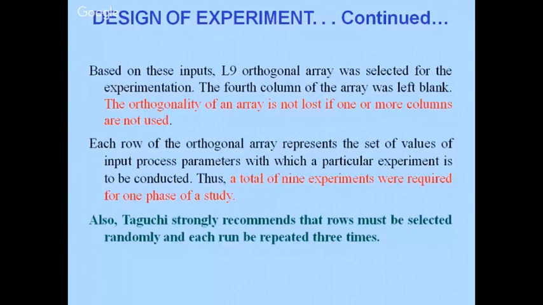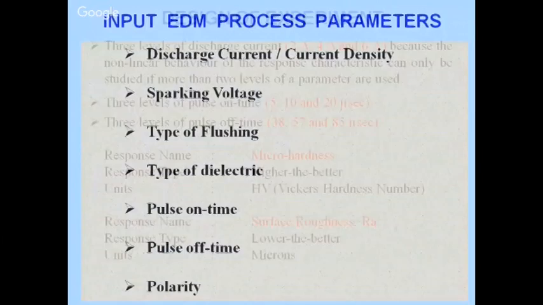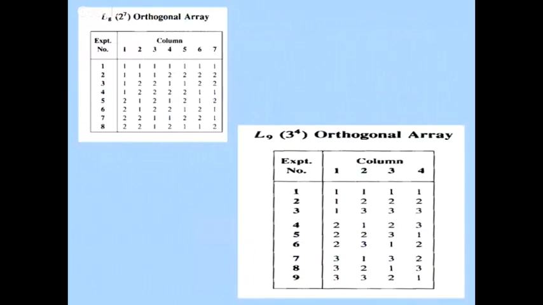So based on these inputs, L9 orthogonal array was selected and the 4th column of the array was left blank. You cannot overlook a row. Every row is to be taken into consideration, but columns you can miss.